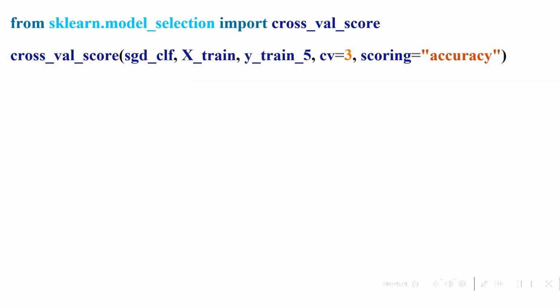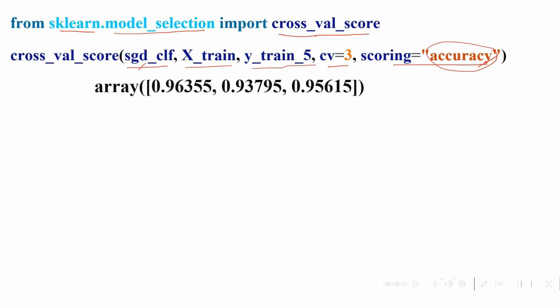From scikit-learn model_selection we import the cross_val_score function. We provide the parameters: the stochastic gradient classifier as our model, the training data X_train, y_train_5, cv equal to 3, and scoring equal to accuracy.